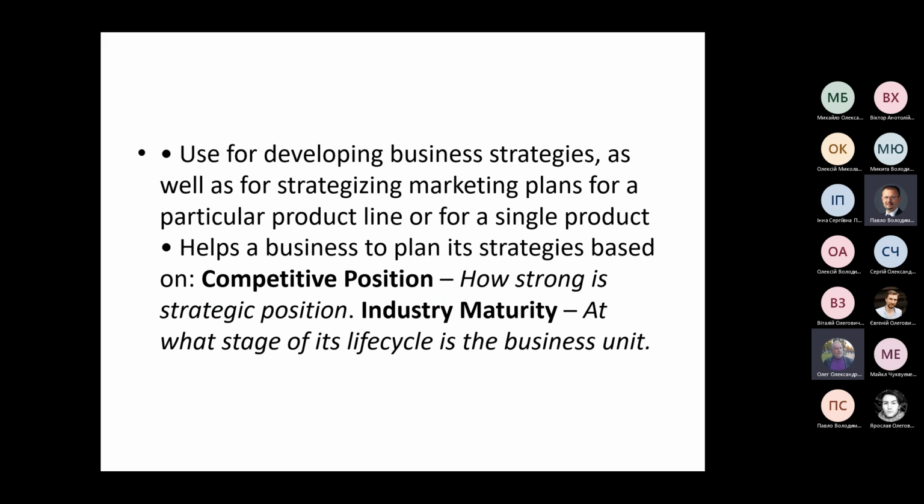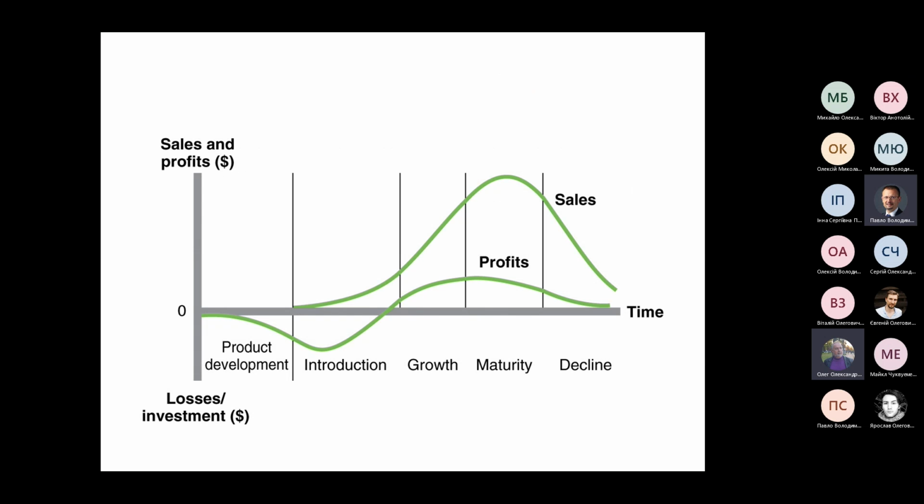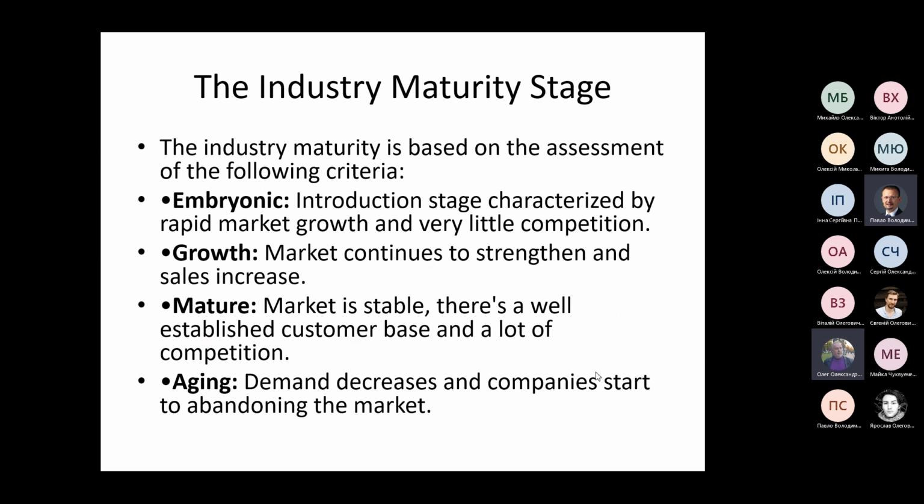They tried to provide, and I would say successfully tried to provide, the verbal definition of every stage. In the lecture, the first is industry maturity. So when speaking about industry maturity, we have introduction, growth, maturity, and declining.